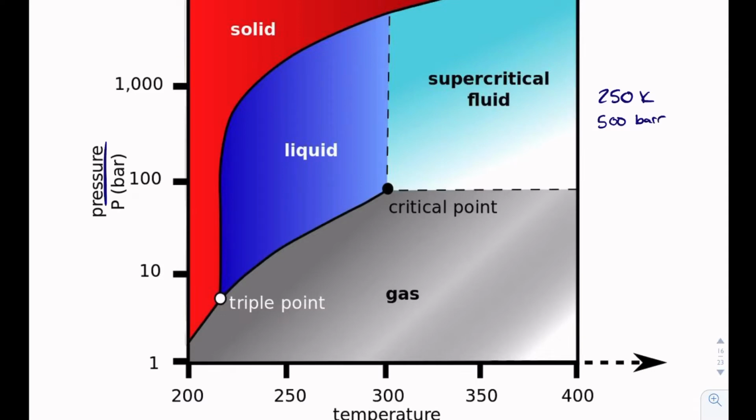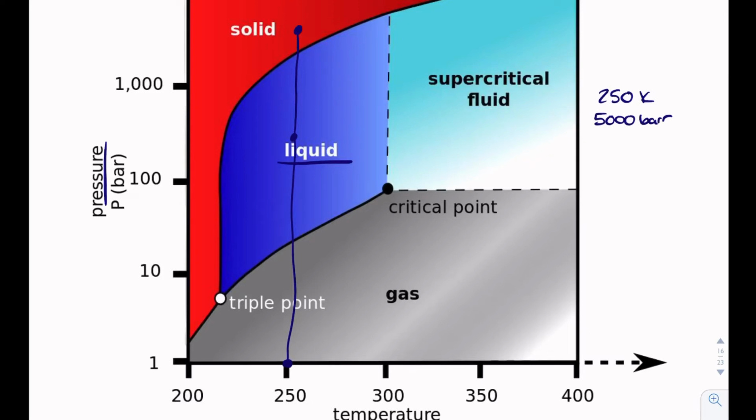Well, I'm going to find 250 Kelvin. I'm going to move it up to about 500 bar, and that combination would give us liquid carbon dioxide. If I change the pressure to 5,000 bar, we would keep going, and 5,000 occurs right about there. We'd actually have solid carbon dioxide.